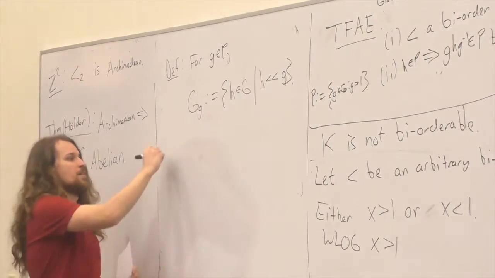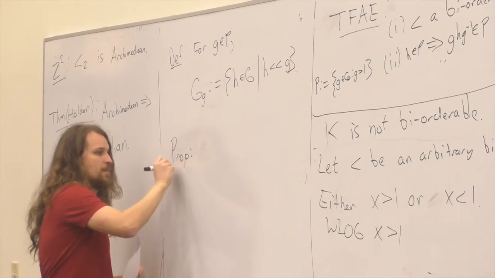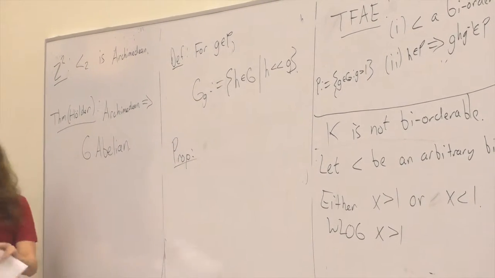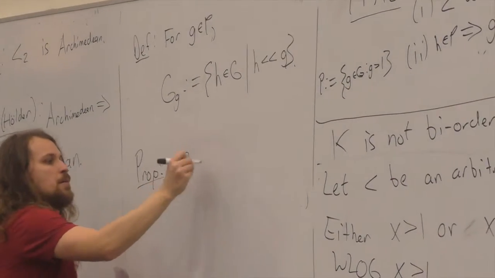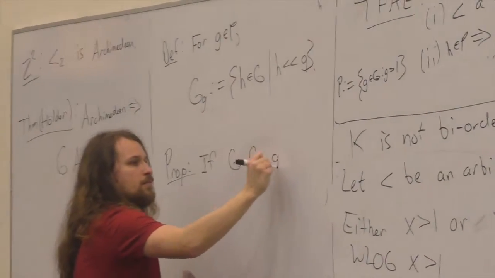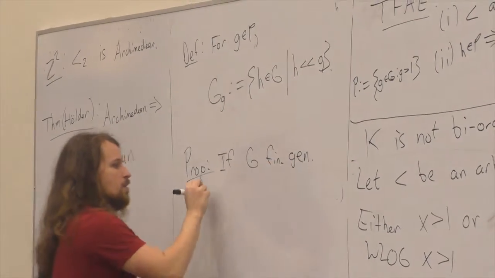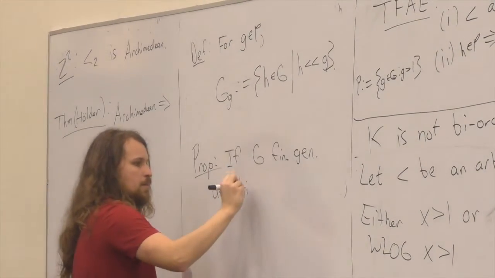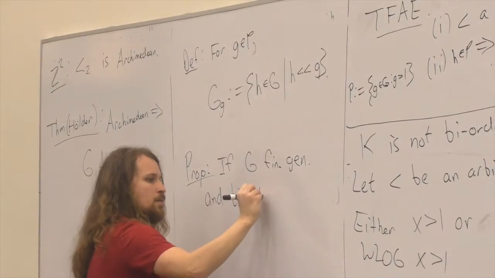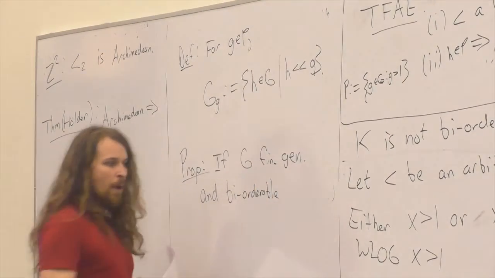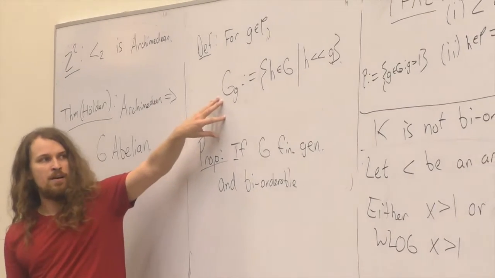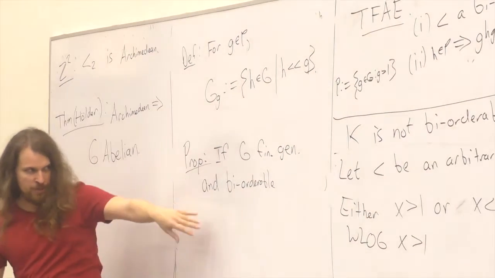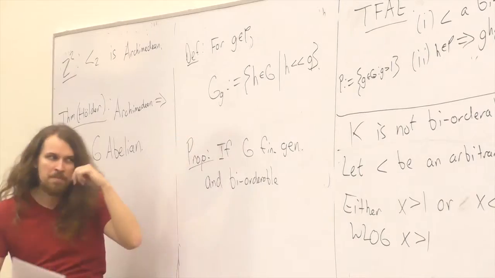However, if we assume some suitably nice things, that'll be the case. Bi-orderable alone will make this a subgroup. However, if you assume you're finitely generated, we actually have a normal subgroup.